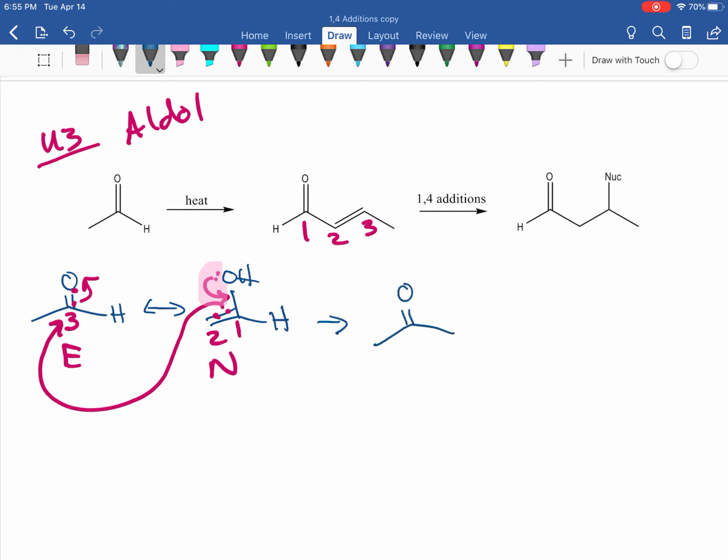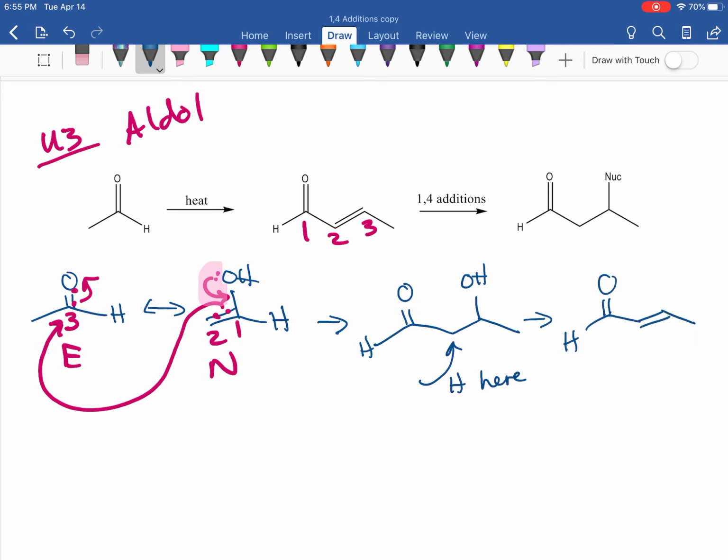And then from that aldol, we had the second option. Sometimes you eliminate water from those. And in this case, let me draw the OH there first. So this is what we would make. And if you have hydrogens here, and you add a little bit of heat, sometimes you need heat, sometimes you don't.